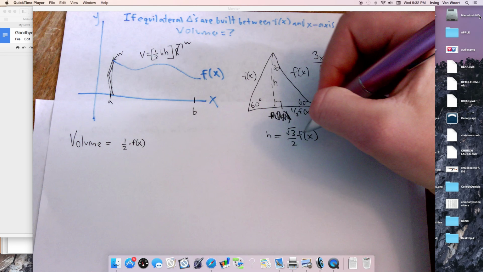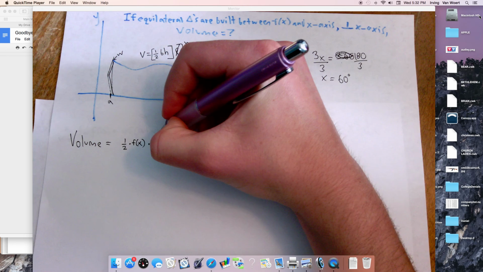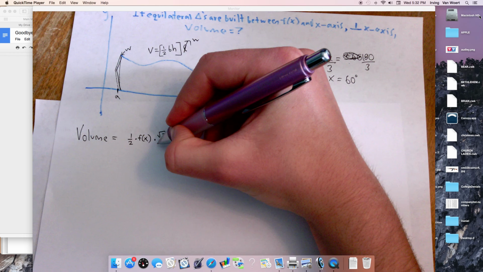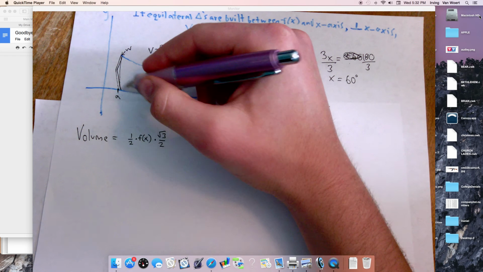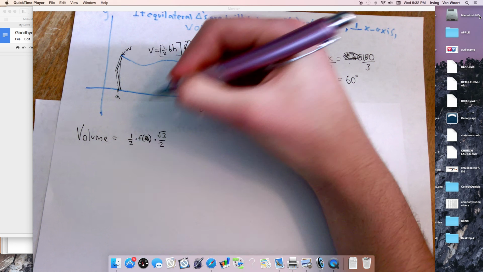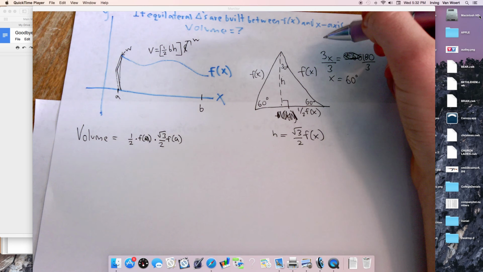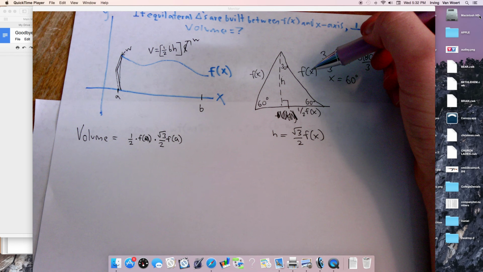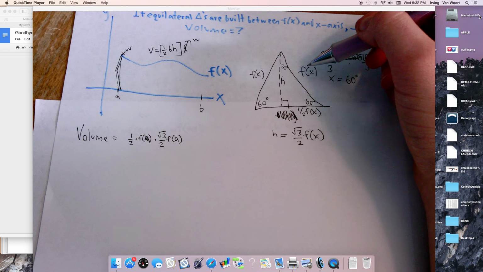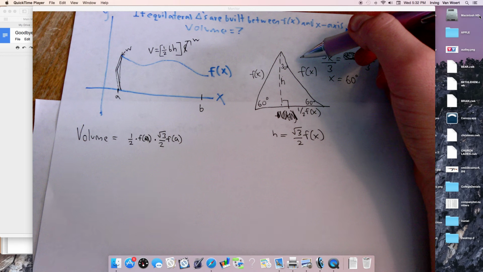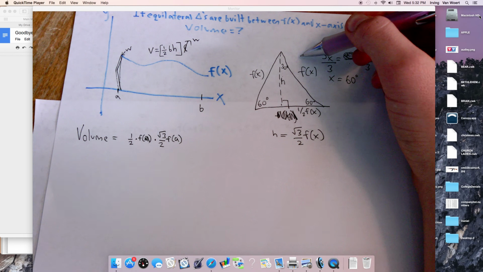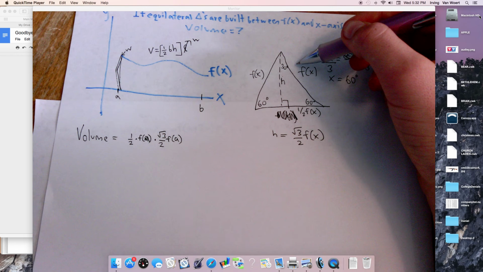And so times radical 3 over 2, and then this shouldn't be x here actually, because we're looking at just this first prism, which should be A, right? So that should be f of A. And then lastly, so 1/2 base times height. Now that's it. So that would be the volume of our first triangular prism.